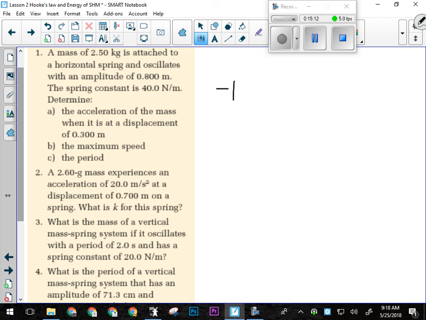I'm going to have negative kx equaling the net force. It's a horizontal spring. That's the only force that's involved. So I can calculate the acceleration. I know the displacement, and they told me the spring constant, so I can find what a is, and I also know the mass. So it'll just be negative k times x over m, and that'll give us a.